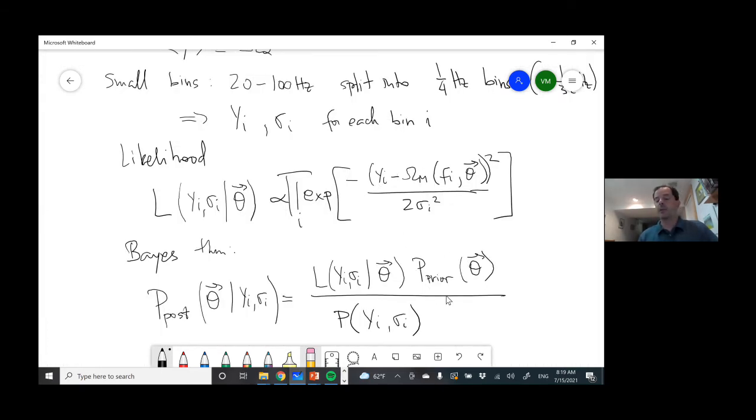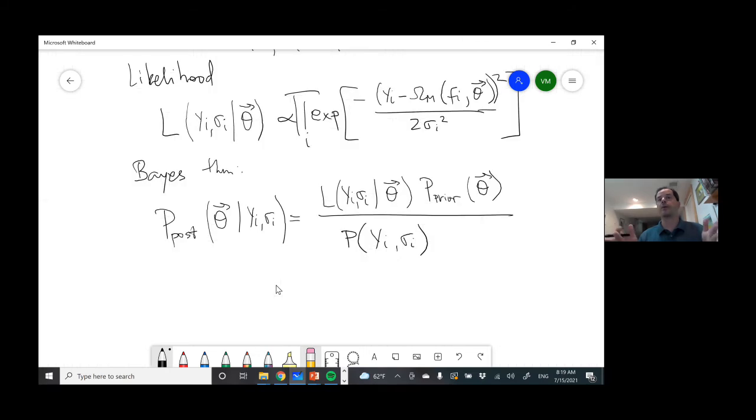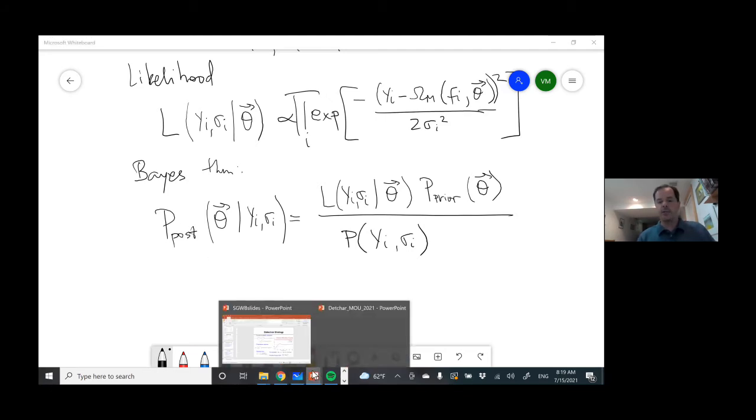And when we multiply with some prior on a given model that we're studying, that allows us to compute the posterior distribution on the parameters of the model. And this posterior distribution can then be used to produce our final results, meaning constraints on a particular parameter or sets of parameters within the model. So at this point, I can maybe switch to my slides and show you some recent results.